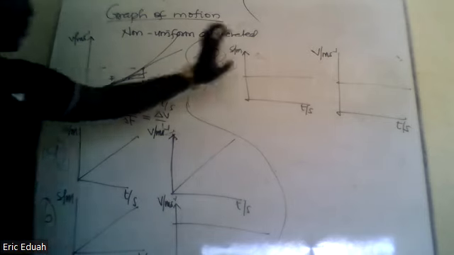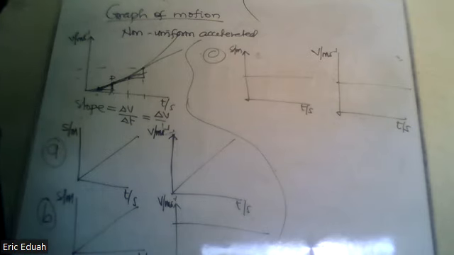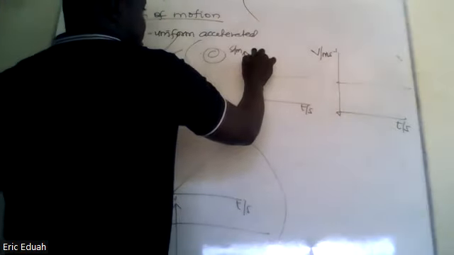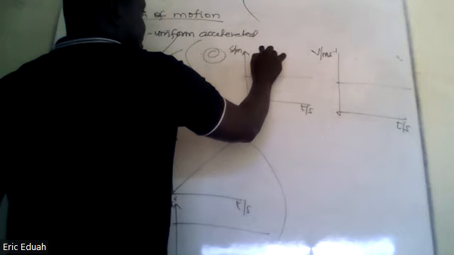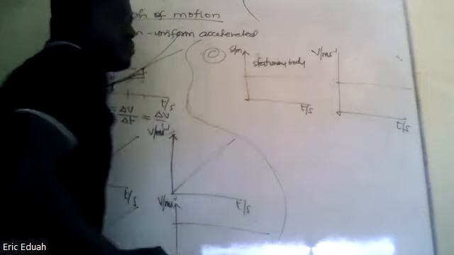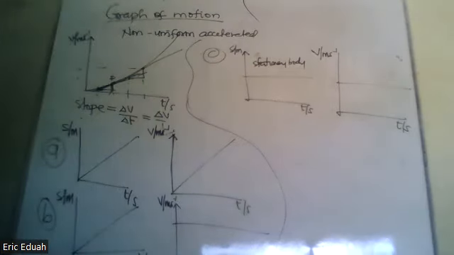Okay, Immaculate, the third graph shows a stationary body. There is no velocity, zero velocity.